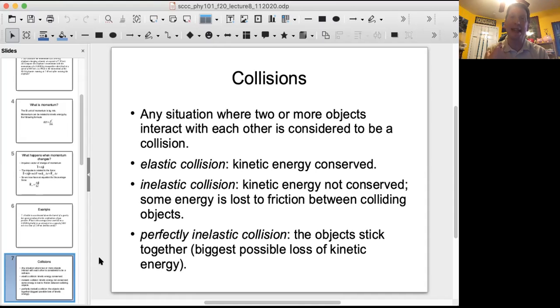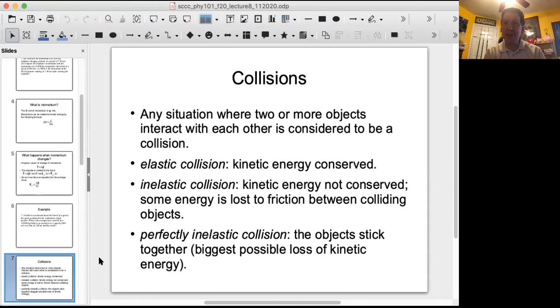So you don't completely eliminate the friction, but you minimize it, and you're trying to approximate an elastic collision as best as possible, where kinetic energy is conserved. In the real world, you get elastic collisions at the molecular level. The molecules of gas in the air are colliding elastically, for example.